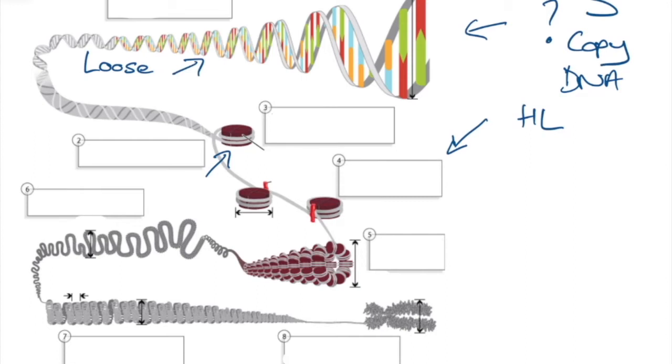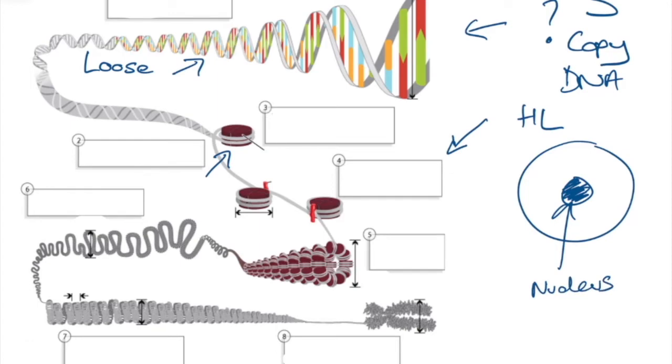So to copy DNA, it needs to be loose, and this is why when cells are copying DNA, we don't really see anything other than, if we looked in the middle, a kind of dark nucleus. So in interphase, we don't see chromosomes. If we're seeing this, then we are already in mitosis. We've already coiled the DNA up.